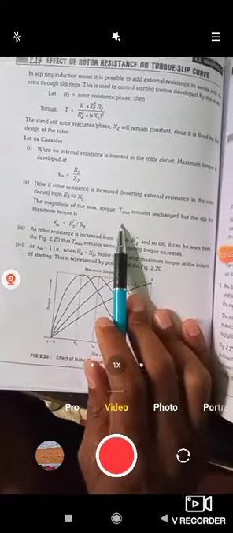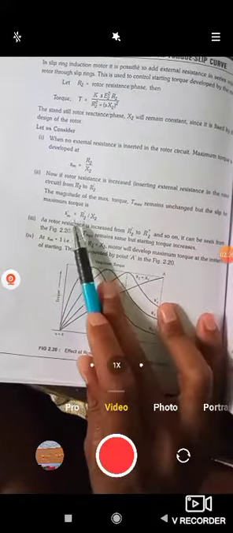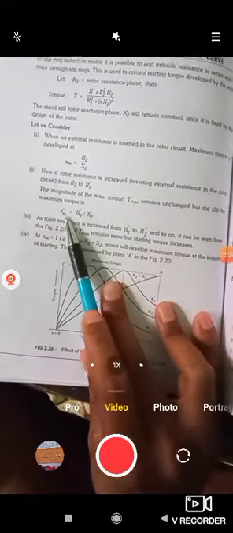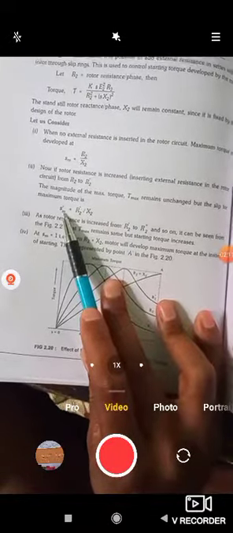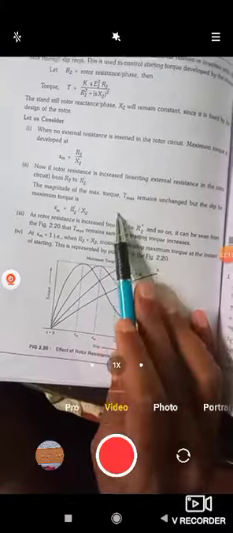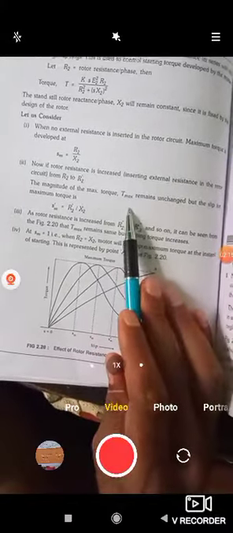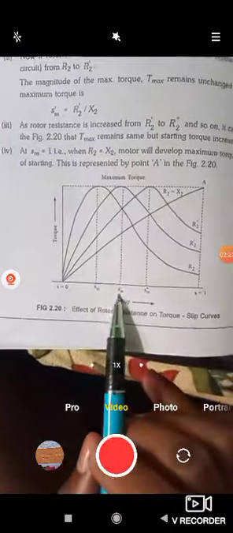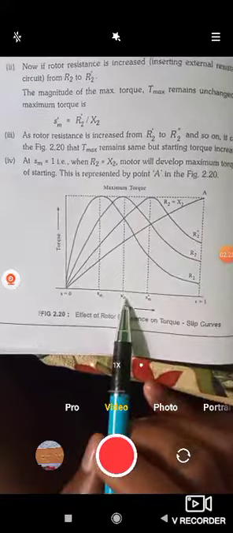The slip at which the maximum torque occurs will become Sm dash, which is equal to R2 dash by X2. So if R2 increases, the slip also increases. Sm dash will be more than Sm. This is Sm, and Sm dash is greater than Sm.